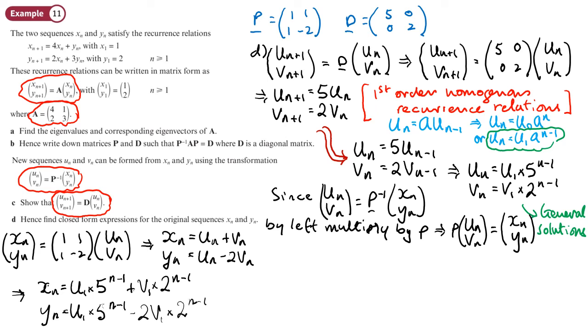Now we can use the initial conditions to work out the values of u1 and v1, and then we're finished.